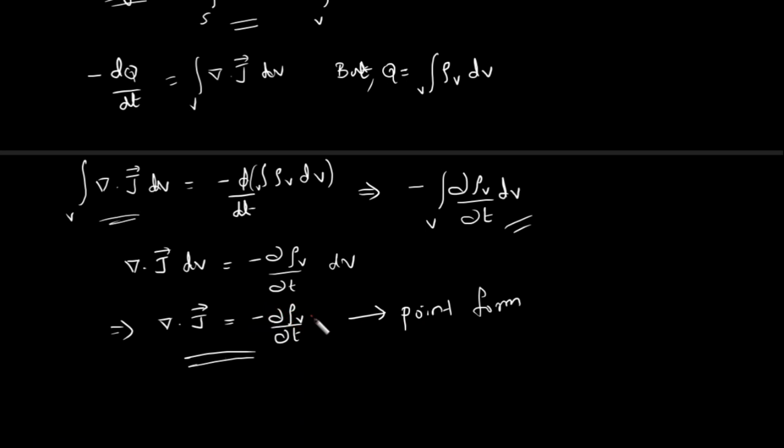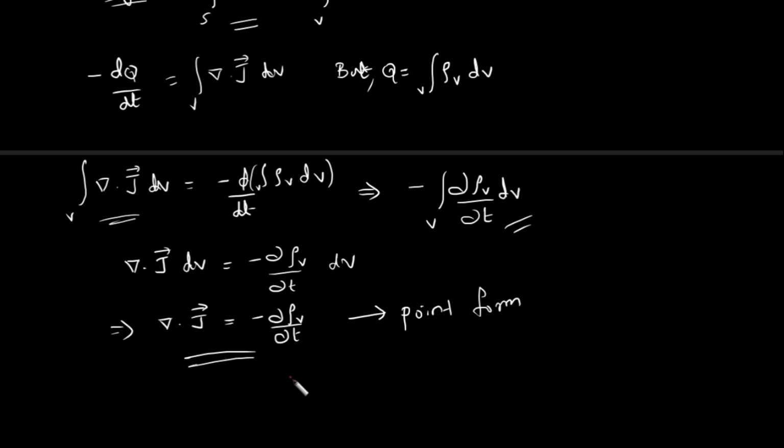Rho v is nothing but charge per unit volume. So I'll repeat the sentence. This equation conveys that the current or charge per second diverging from a small volume per unit volume is equal to the time rate of decrease of charge per unit volume, basically at every point in that volume.